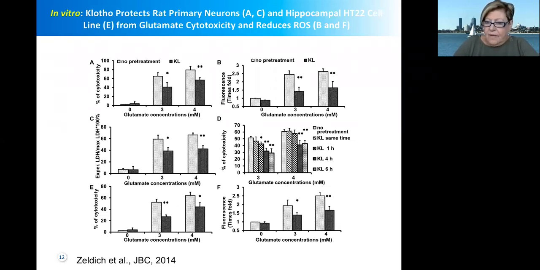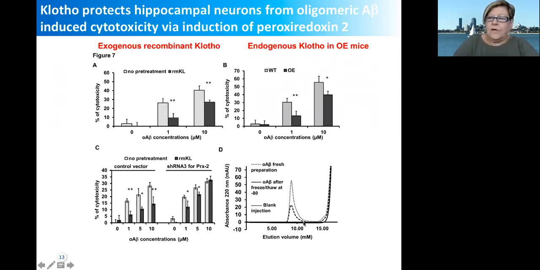And if we use the HT22 hippocampal cell line, we see exactly the same results as with primary neurons. Let's go to the next slide. We took another insult to the neurons, which is A beta, and we had two types of neurons. We purified primary neurons from wild-type mice and from Klotho overexpressing mice. As you can see, we are purifying the oligomeric form of A-beta, which is known to be more toxic.